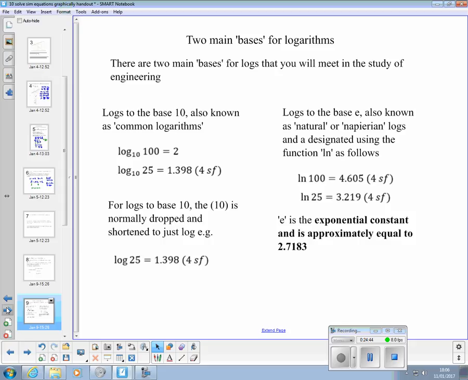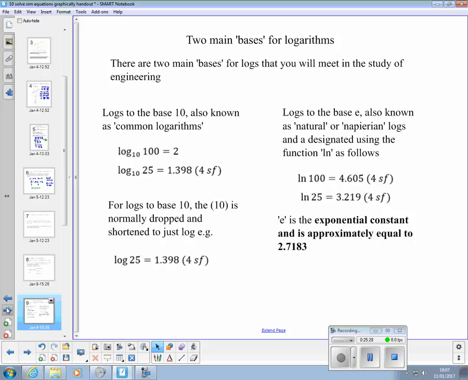What you'll also meet is logs to the base e, or natural logarithms, the ln function on your calculator. ln of 100 is 4.605. ln of 25 is 3.219. So they're different results to common logarithms. e, just for information, is called the exponential constant, and it's approximately equal to 2.7183.